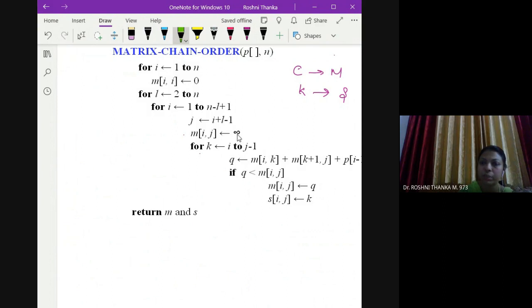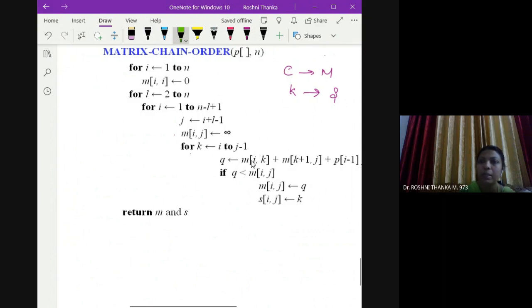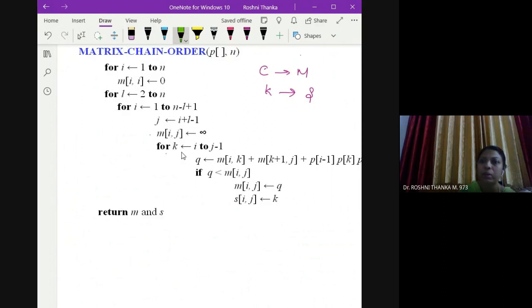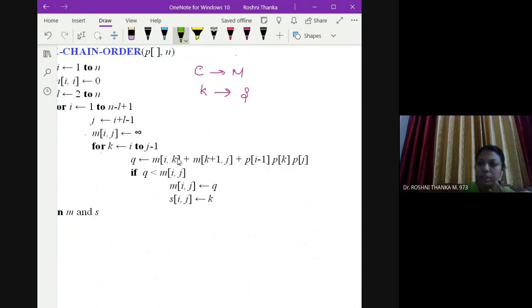Then we take the k value, which should be greater than or equal to i and less than j. For those values we apply the cost function.